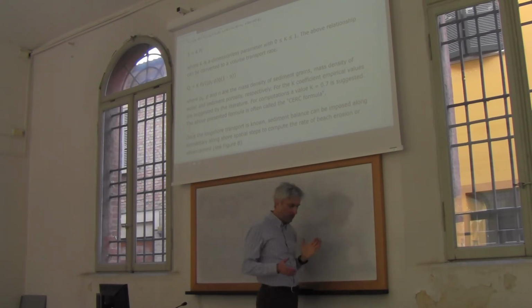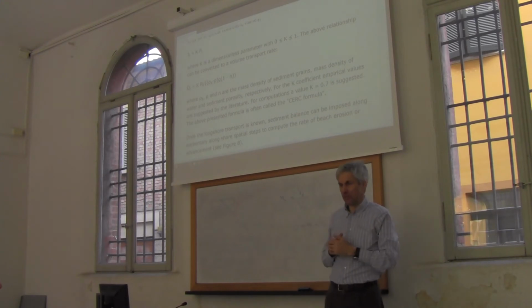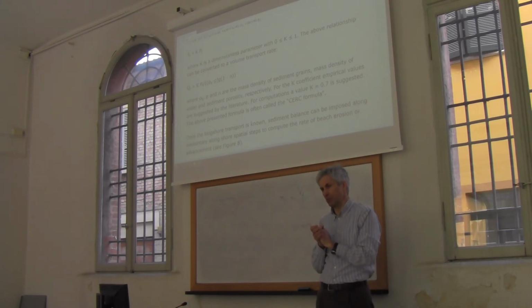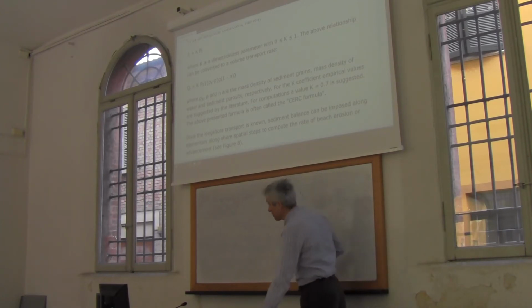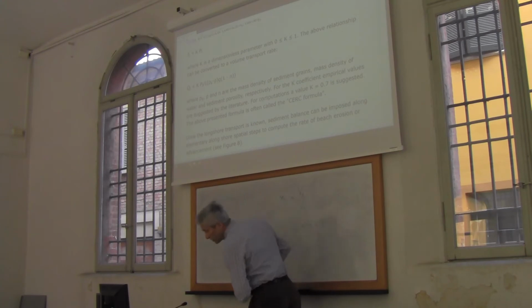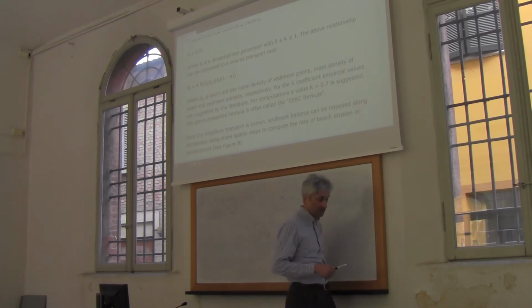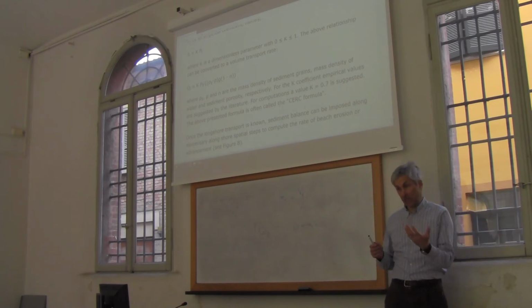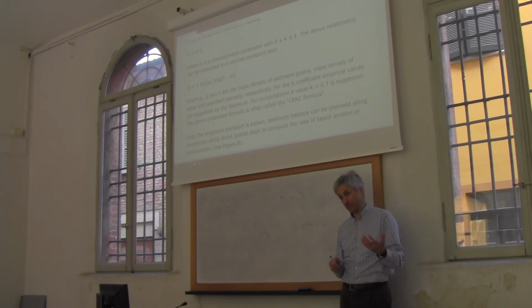Okay. Now, the next question is, okay, perfect. I can compute the sediment transport rate. I can compute Q, I call it Qn. The volumetric sediment transport rate, okay? Perfect. But this is not my design variable, this is an input of my design project.